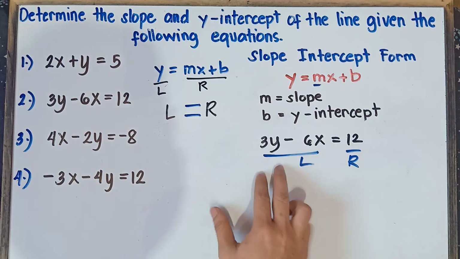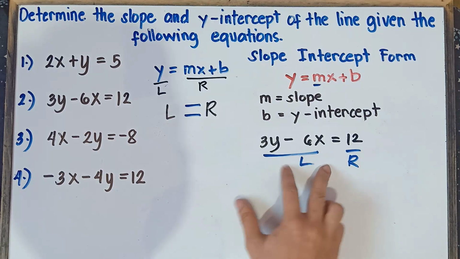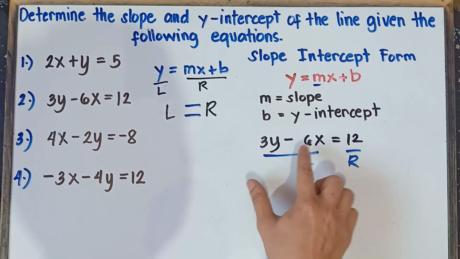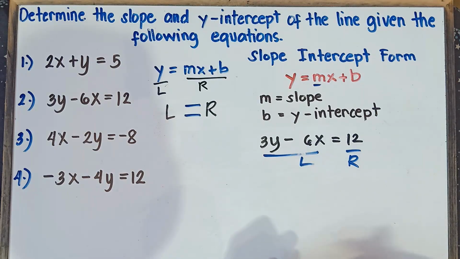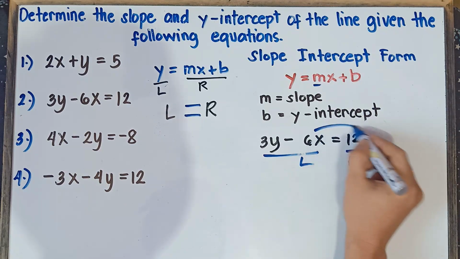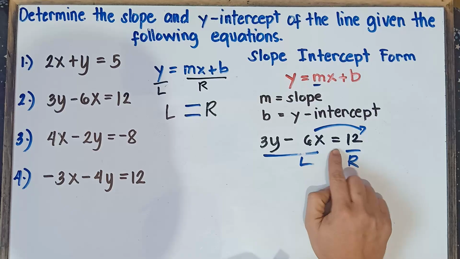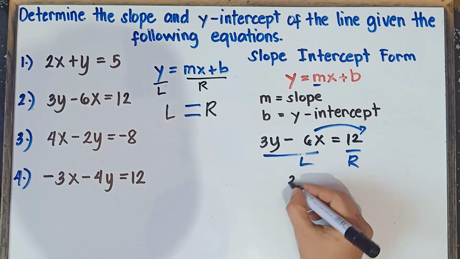Once again, we need to have only y on the left side of this equal sign. Therefore, we need to transpose negative 6x from left to right. Once you transfer it across the equal sign, you change the sign. So simply copy positive 3y.